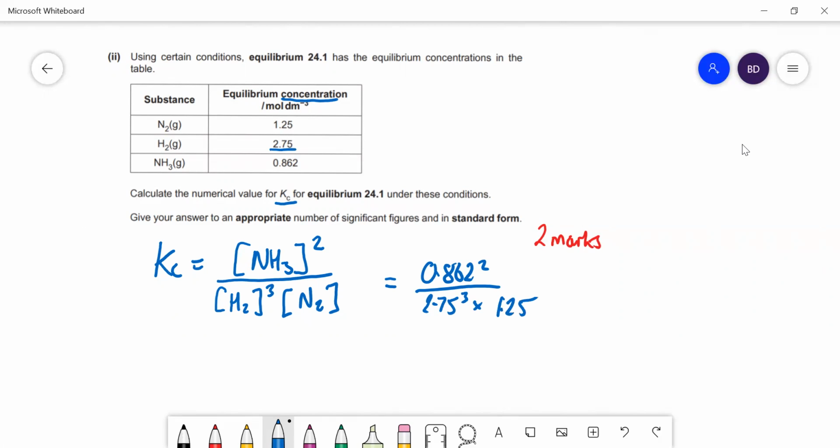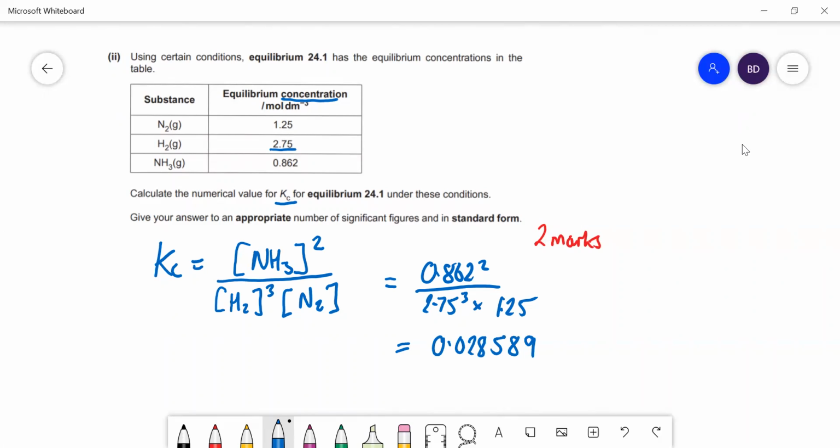And if we do that, we want it in standard form, to significant figures. We get 0.028589.